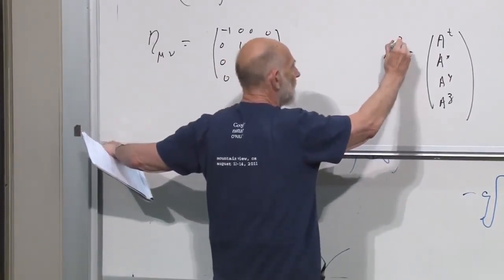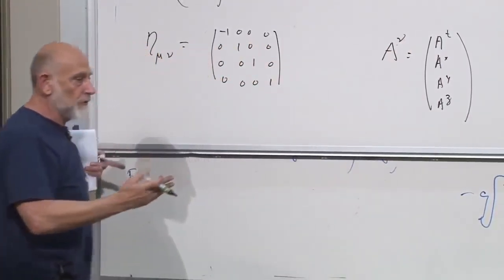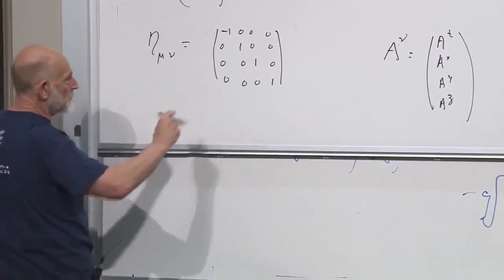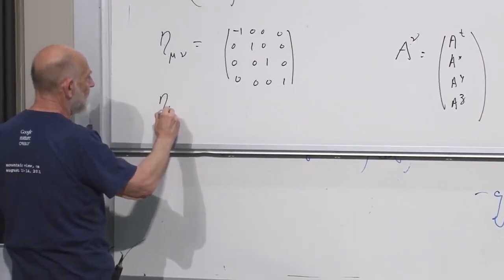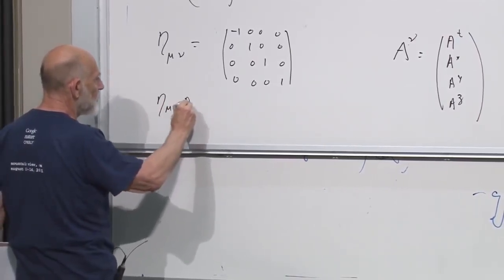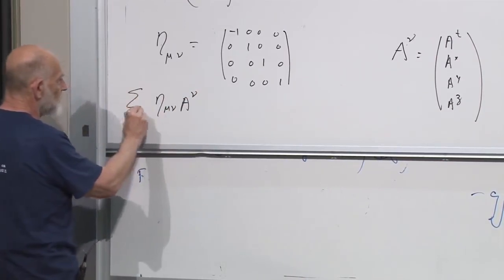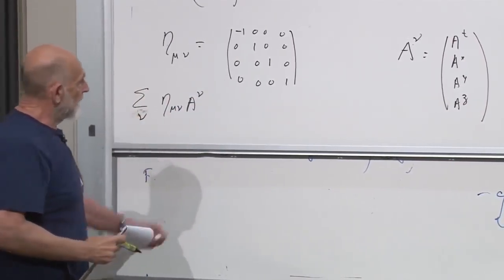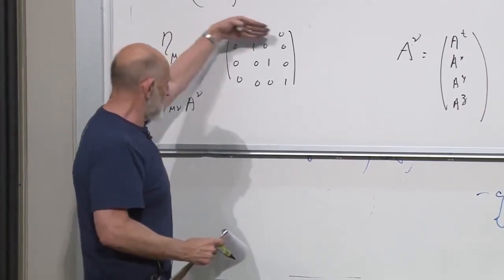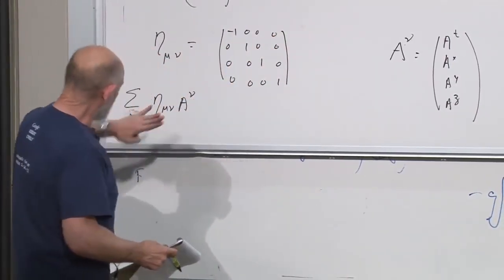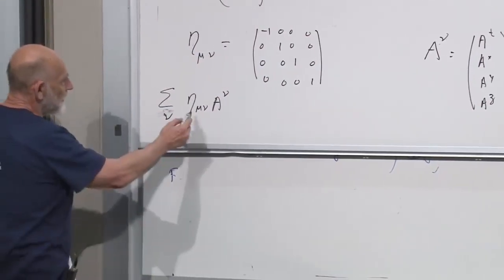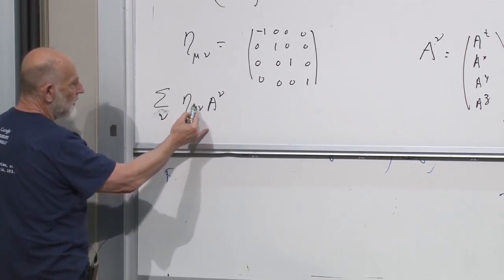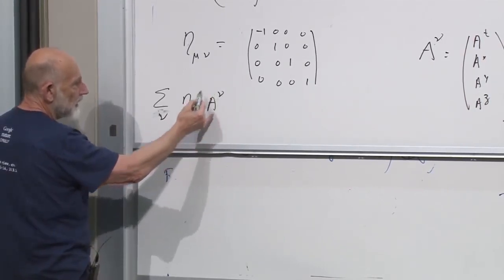Let's use nu here. Nu runs also from 1 to 4. All right. Let's multiply the matrix by the vector. We can represent that as eta mu nu A nu summed over nu. That's one way to write it. It's just matrix multiplication, but it can be represented by summing eta 1, 1 times A1, eta 1, 2, A2, and so forth.